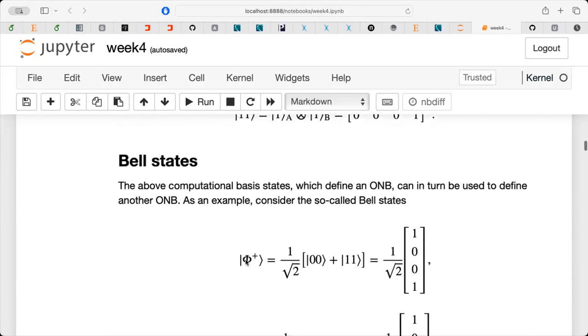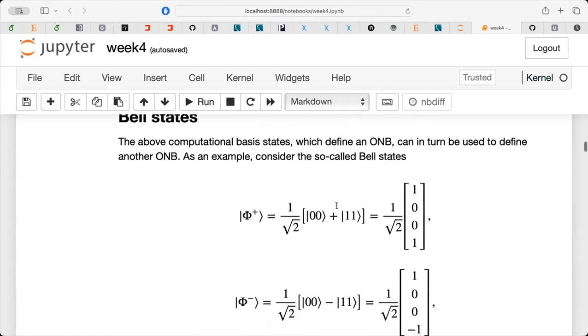Now, the Bell states are another set of states. And what we said last time is that these states are states which we call entangled. And we call them entangled because these states cannot be separated into single products of, let's say, state 0, 0 times another state.